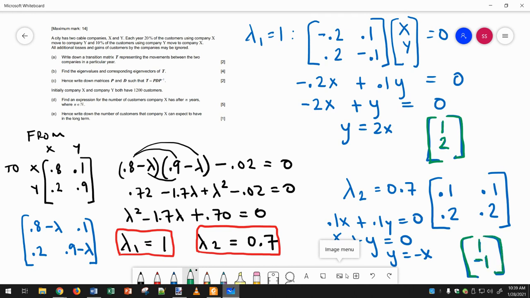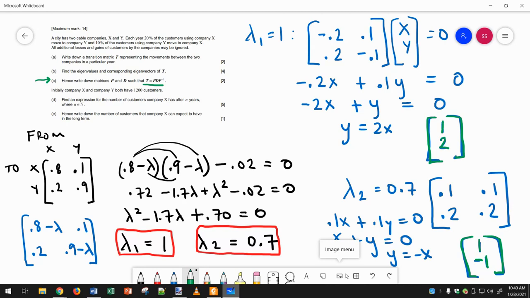Okay, the next step, part C: hence write down matrices P and D so that we write this equation. So all you really have to do is tell me what P and D and P inverse are. This is only 2 points. P, it tells you this in the formula booklet. P is the matrix of eigenvectors.